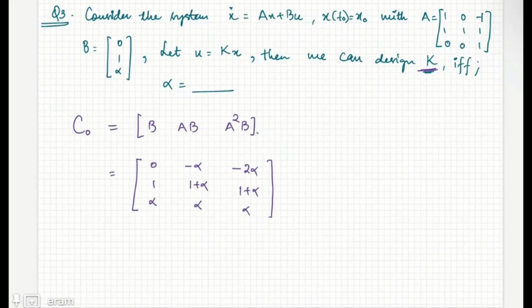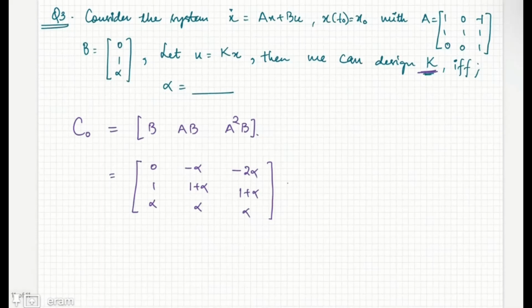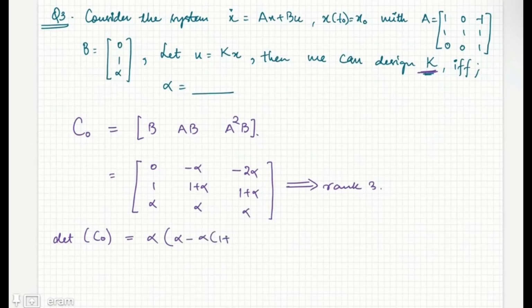okay, this. And from here we know that the system will be controllable if and only if it is of full rank. That is, for this case it should have rank 3, meaning its determinant should be not equal to 0. So let's calculate the determinant of our controllability matrix C. I'm writing the calculation, you can verify.